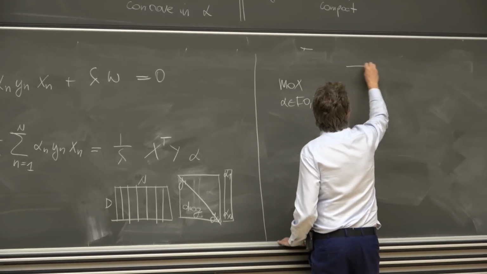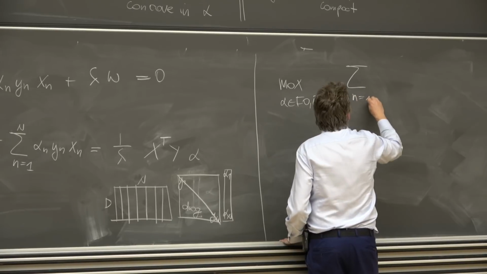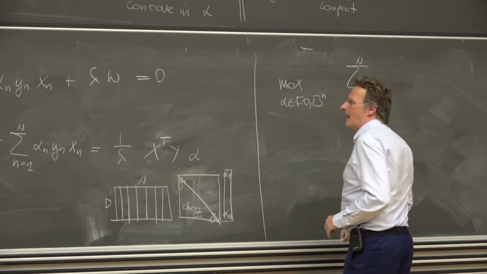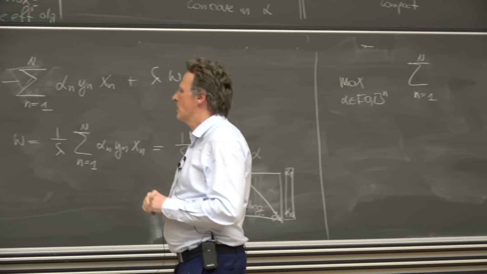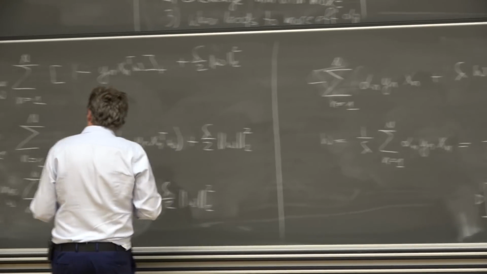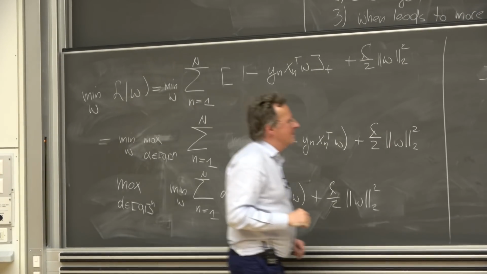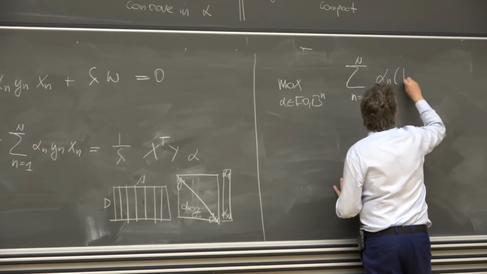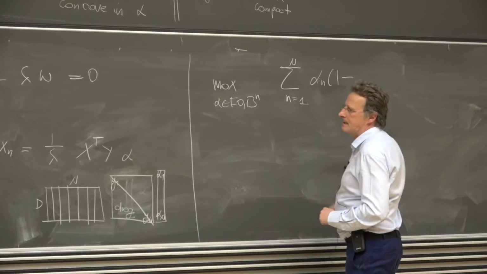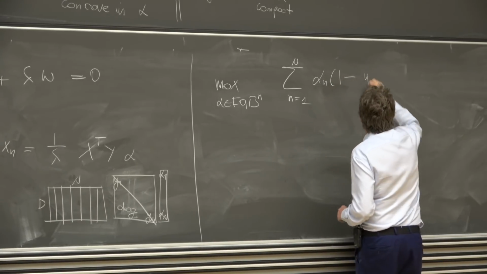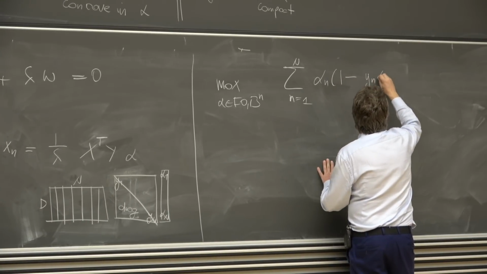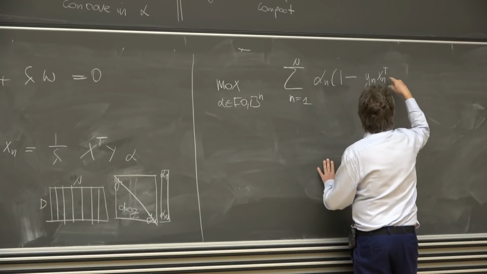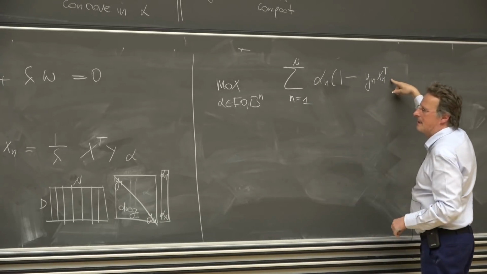And the claim is the following. So this is n is 1 to n. And what do we get? So what we will get is this alpha n. We have still this. And then we get y_n, x_n, and t. And now we will have to plug w in, right?